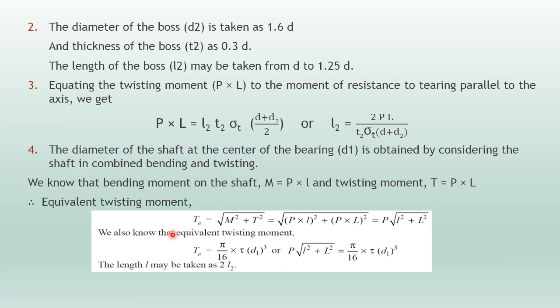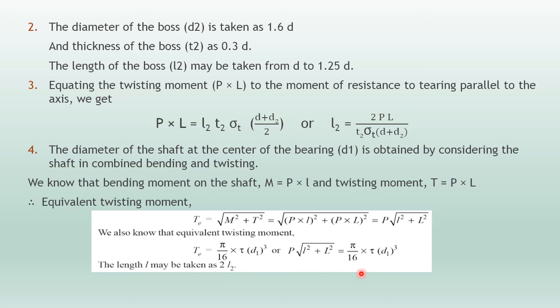Now we also know that the equivalent twisting moment TE is equal to pi by 16 into tau into D1 cube, or P into the square root of (small l square plus capital L square) is equal to pi by 16 into tau into D1 cube. Now you have all values except D1.